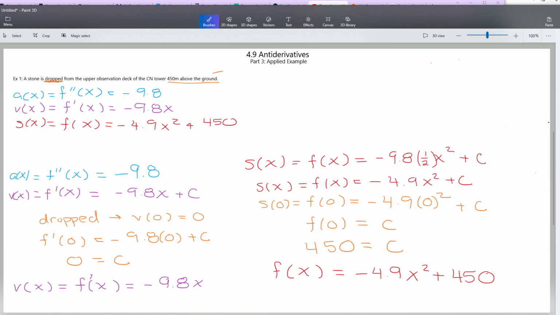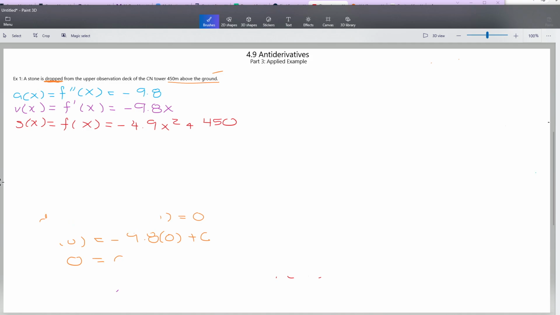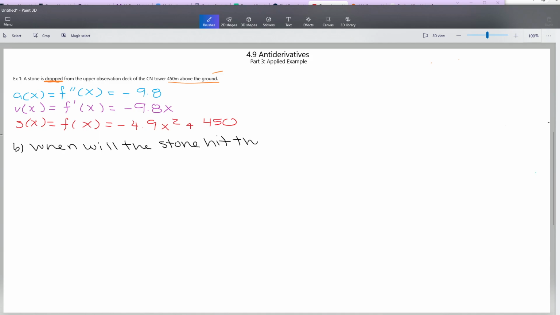All right. So then let's go ahead and look at what parts B and C are going to ask us. When will the stone hit the ground?